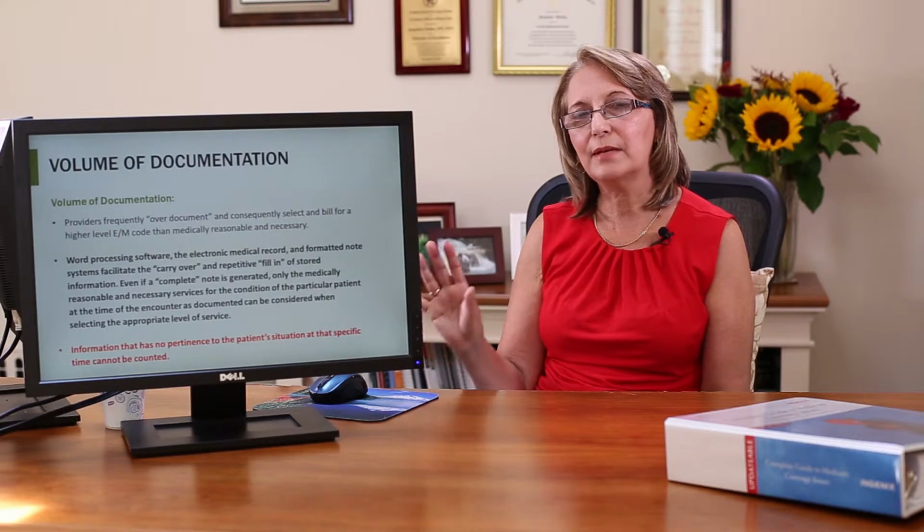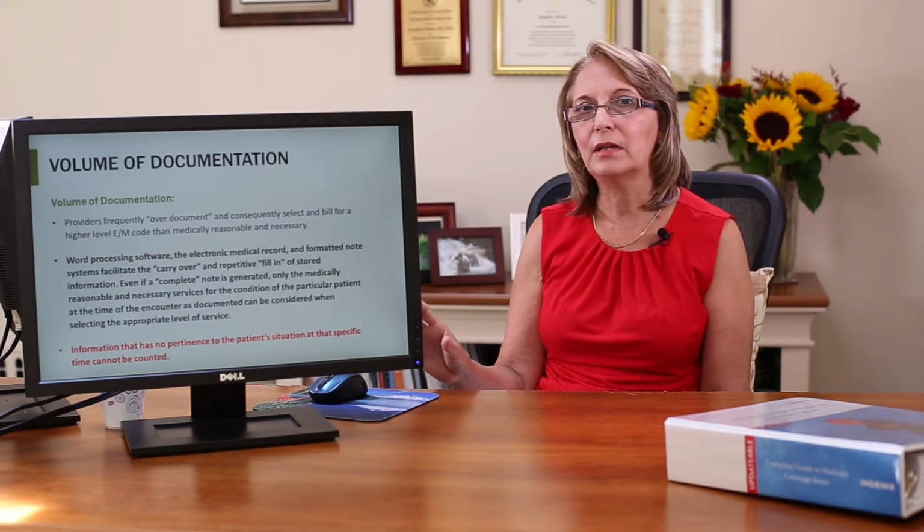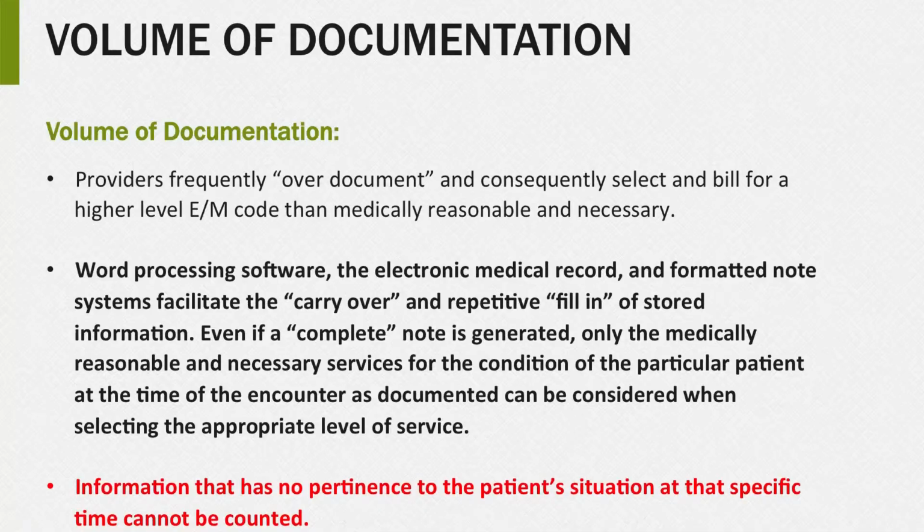And this actually comes right out of the Medicare Internet-only manual, so it's important information not only to read, but to understand. What this is basically stating is that even if you document a comprehensive history and comprehensive physical exam, if there was no medical necessity to do so, only that which is relevant to the patient's encounter for that day will be considered.